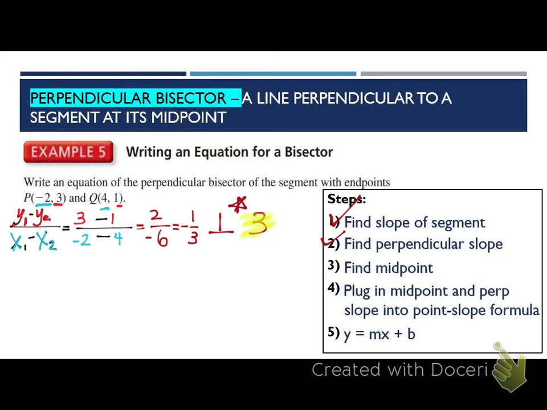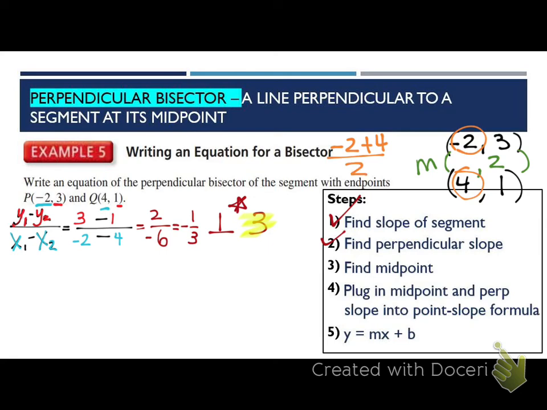The next thing we want to do is find the midpoint. You can use the formula, or you can try to think about it and find the middle point. You could definitely do it easily with the y's. What is between 3 and 1? 2. If you can't figure it out in your head, you can always add the x's together, divide by 2, add the y's together, and divide by 2.